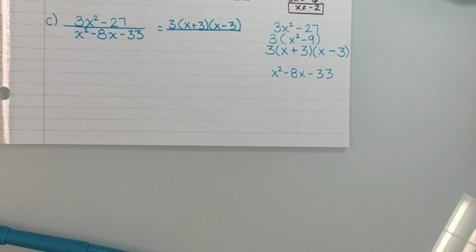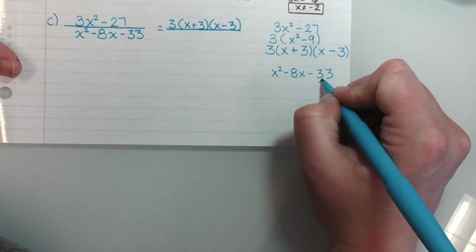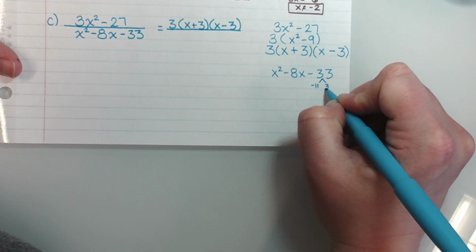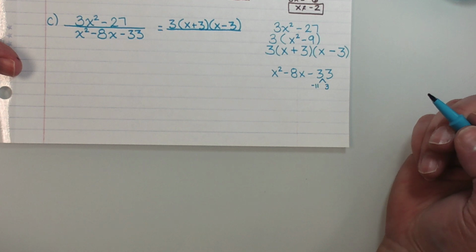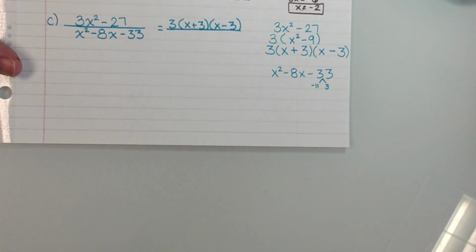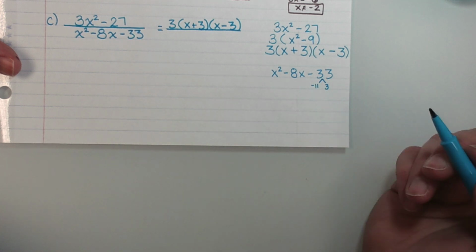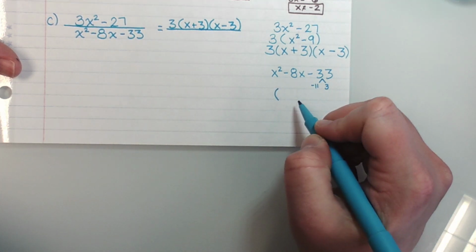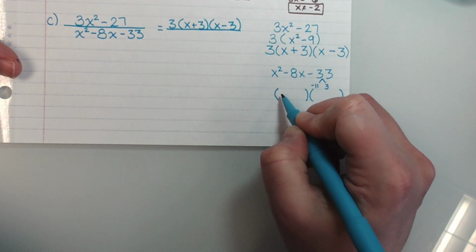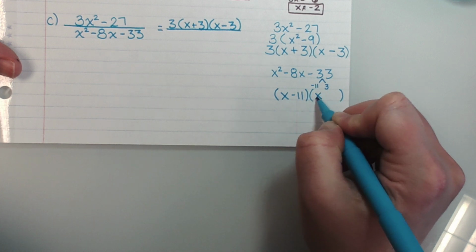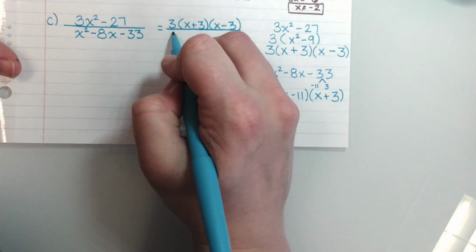Two things that multiply to negative 33, but when I add them, I get negative 8. Negative 11, positive 3. Do I have to do the rewrite step? The write it as 4 terms, in other words? No, not when it's the shortcut. What's it factor into? X minus 11, x plus 3. That's the advantage of the shortcut.